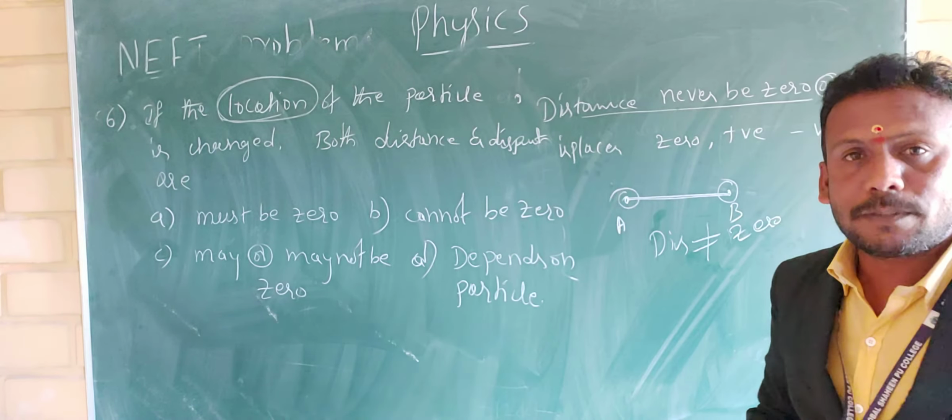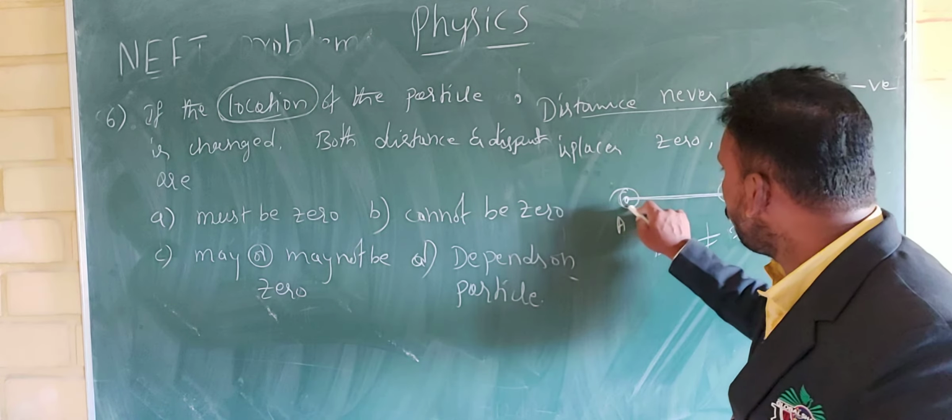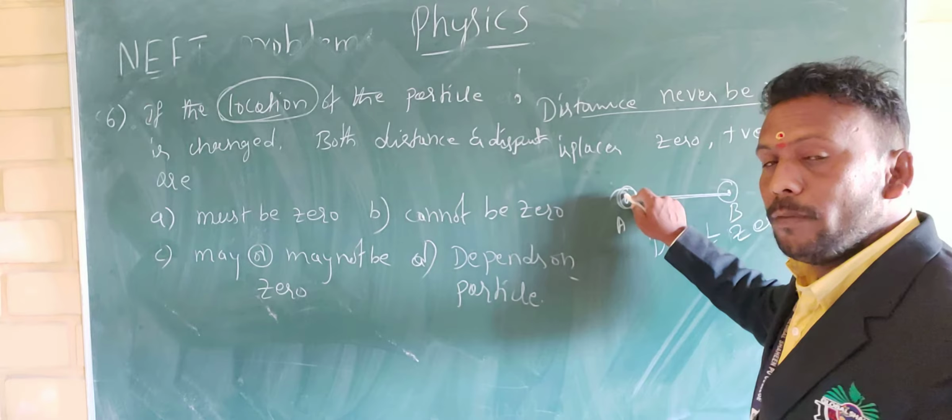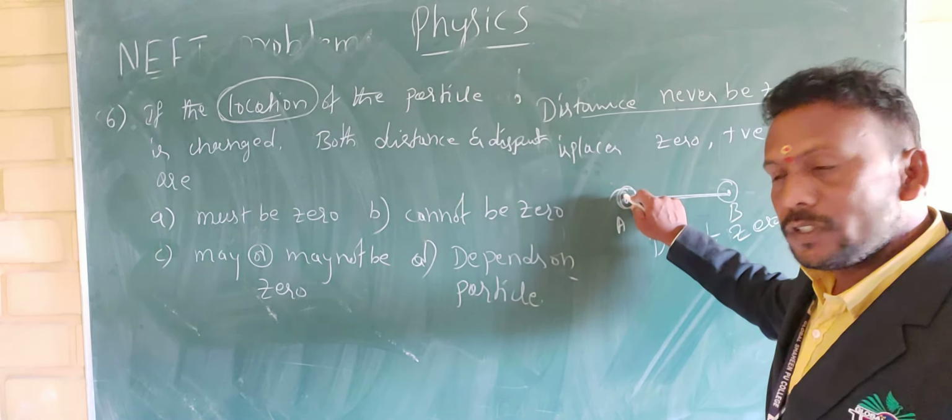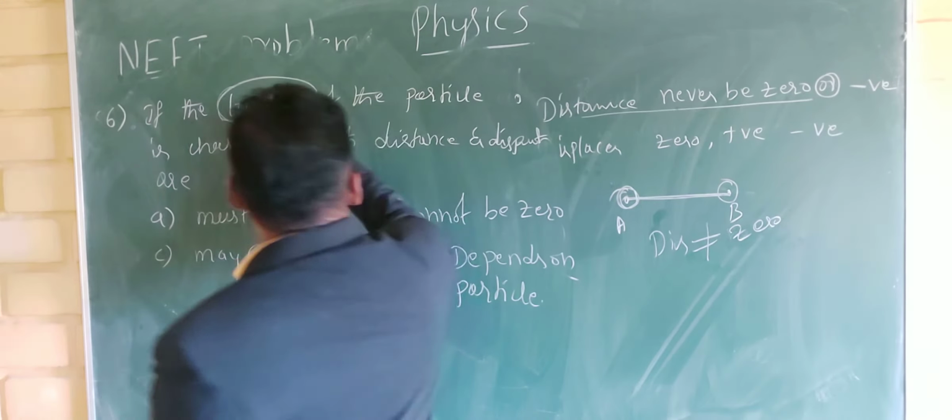When will the displacement be 0? If the initial and final positions are the same, the displacement is also 0. Here the location of the particle is changed.